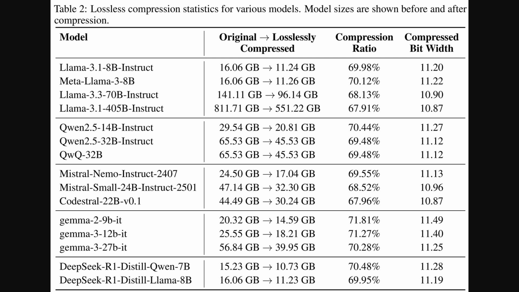The key columns are the compression ratio, which is consistently right around that 70% mark we've been talking about, and the compressed bit width. Notice how that bit width is always hovering around 11, usually between, say, 10.8 and 11.5 bits, which makes sense given the name DFloat11. So yeah, this really quantifies that roughly 30% lossless saving across the board.